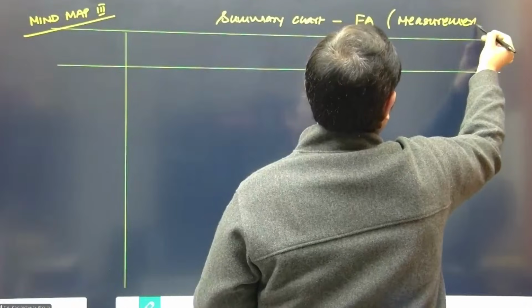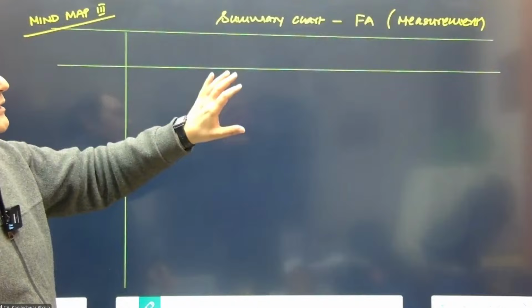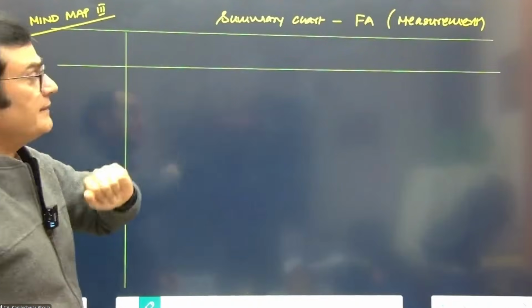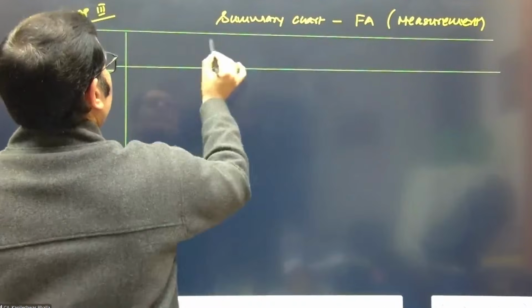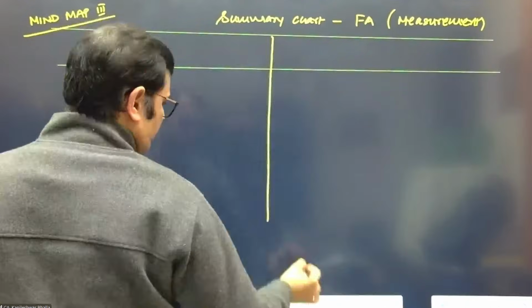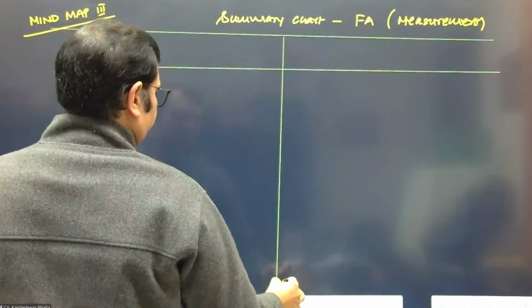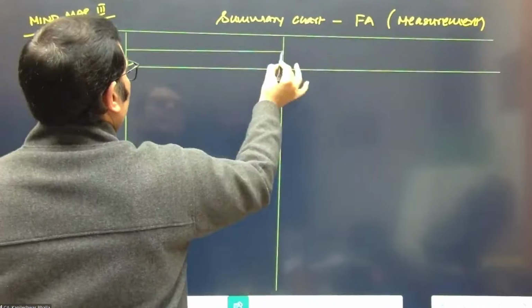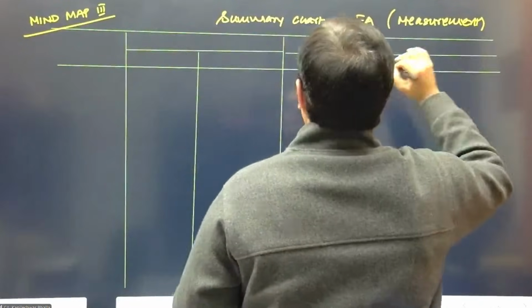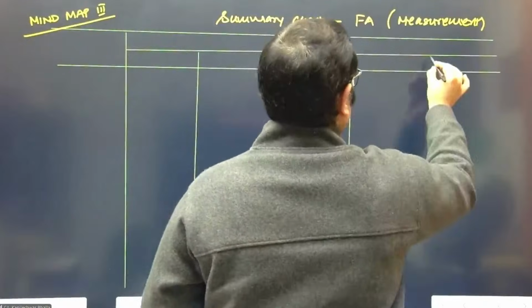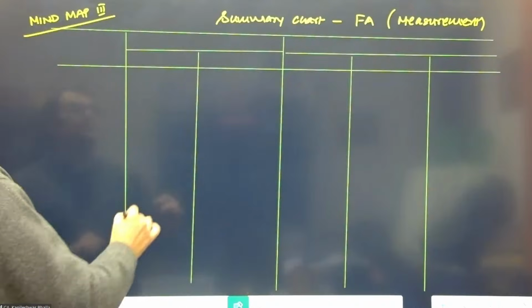This will give you a bird's eye view of all the inputs at a single go, that how do you look at the different categories of financial assets. So I guess we can consider first 2 broad columns. I want to look at equity investments in 2 categories, and I want to look at 3 columns for the debt investments. That will give us all the permutations and the combinations.